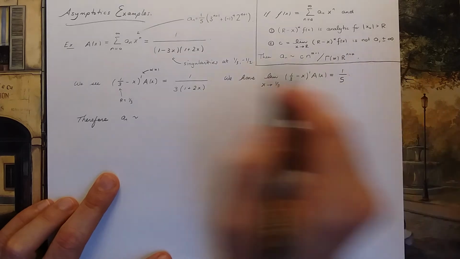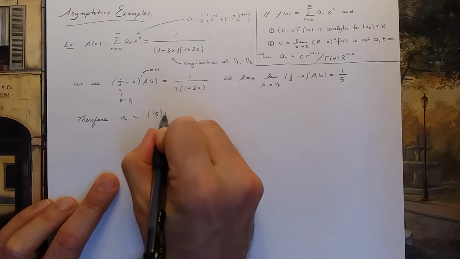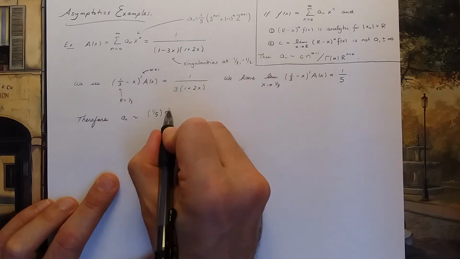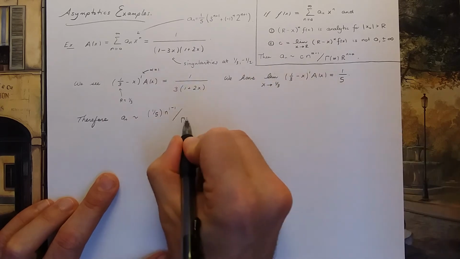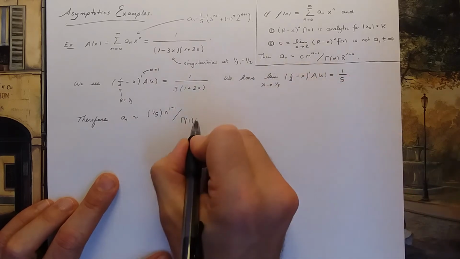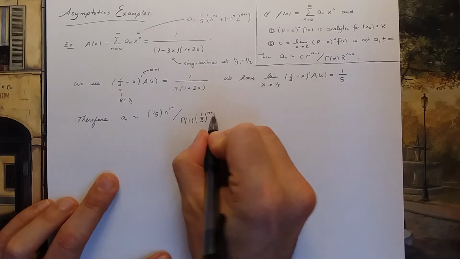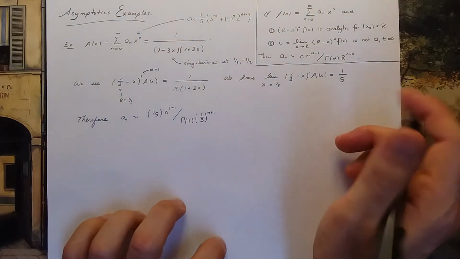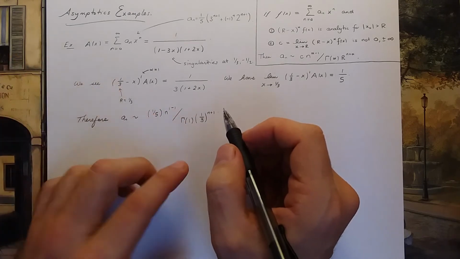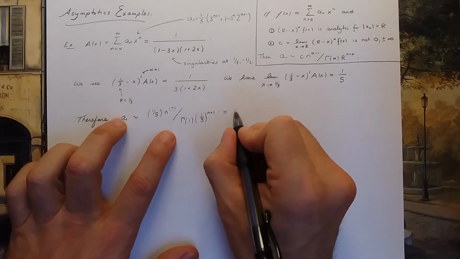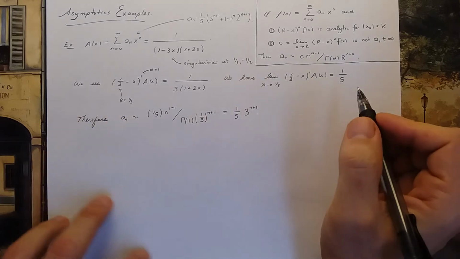It's the result of this limit. So I have 1/5 times n to the alpha minus 1 power. Alpha is 1 in this example, so I have n to the 1 minus 1, divided by gamma of 1, times r to the n plus alpha, which is (1/3) to the n plus 1 power. If you simplify this a little bit, gamma of 1 is 1, n to the 0 power is 1, and I believe you get 1/5 times 3 to the n plus 1 power.